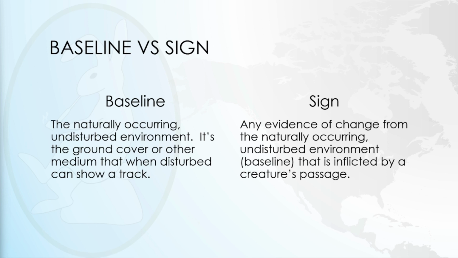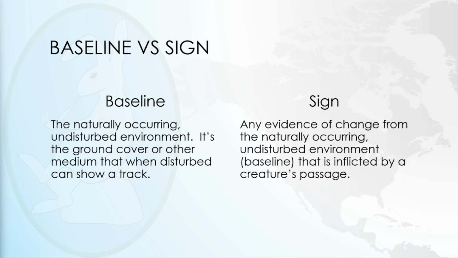You cannot move anywhere on this earth without leaving some sort of sign. Every step you take, even on hard surfaces, you leave behind some detectable level of sign. Just as an example, you sitting in your chair right now watching this video, you are emitting scent that a canine can follow. That is sign as well.